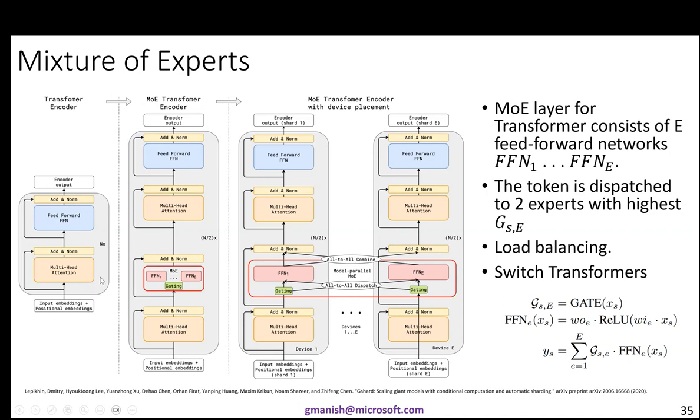On the left side, what you see is the standard transformer layer. There's a multi-head attention, there's a feed-forward layer, and so on. What this MoE, or mixture of experts, does is replace every alternate feed-forward sublayer by multiple feed-forward sublayers in parallel.